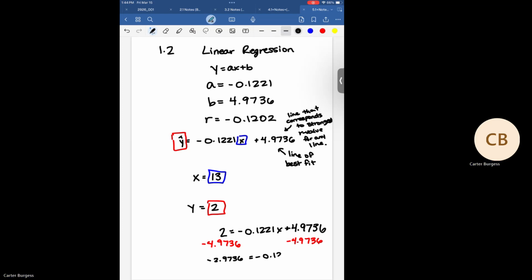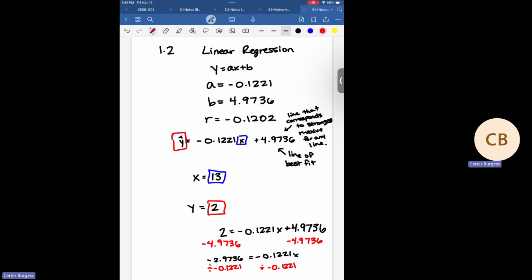You divide both of the numbers by negative 0.1221. Yep. And doing that would give us, so dividing by that negative 0.1221 on both sides in order to get whatever that value of x actually is. Okay, not too bad.